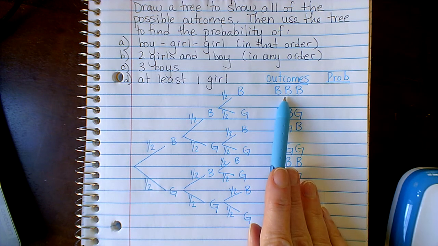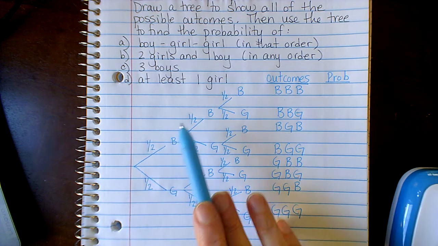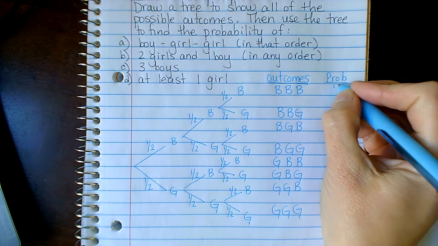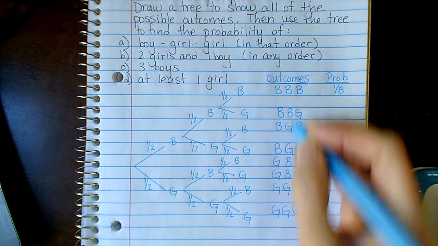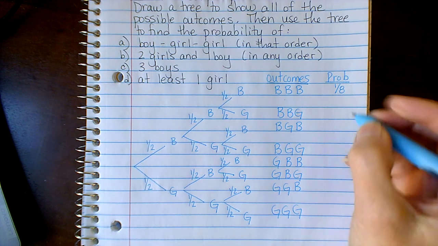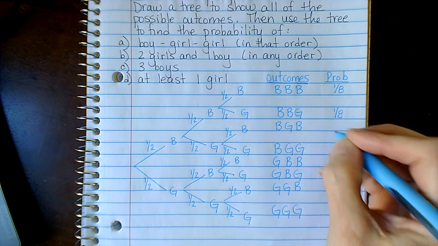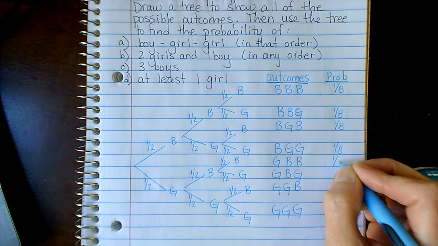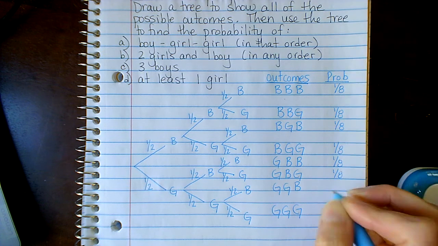So what does this make this outcome? What is this probability then? 1/2 times 1/2 times 1/2 is 1 out of 8. Turns out these are all equally likely outcomes. I know it doesn't feel that way, right?